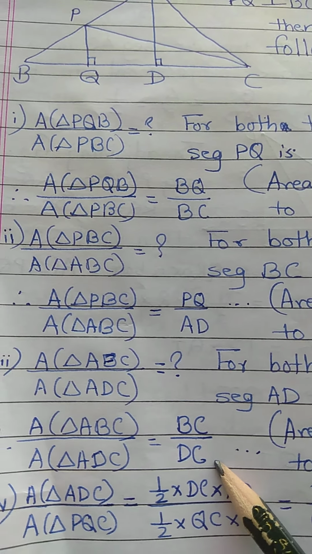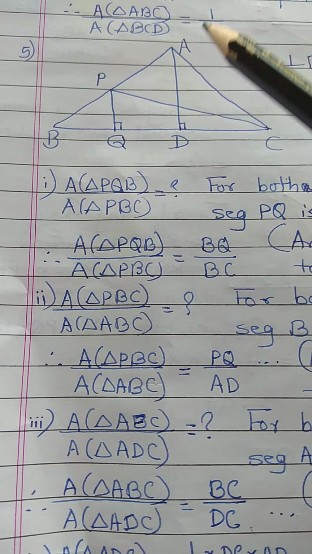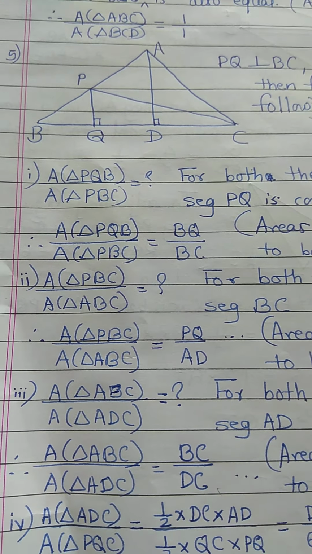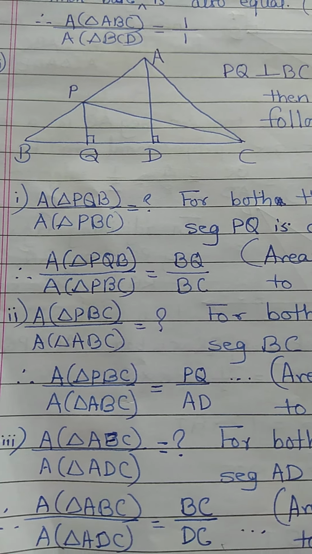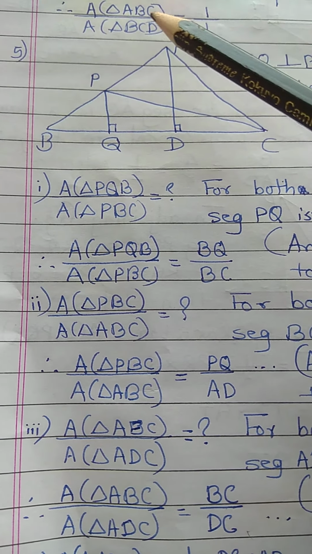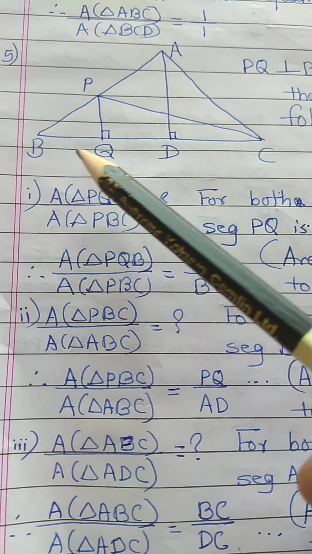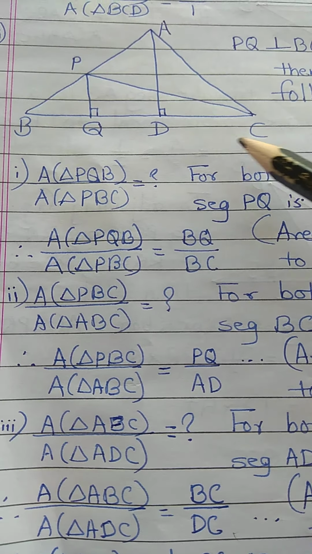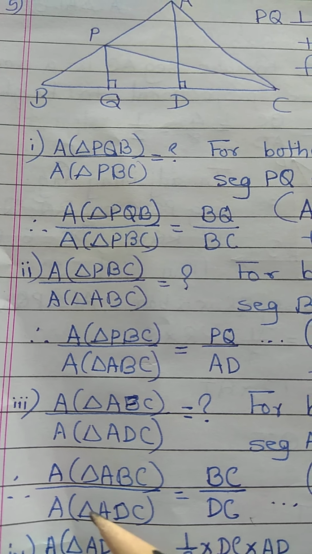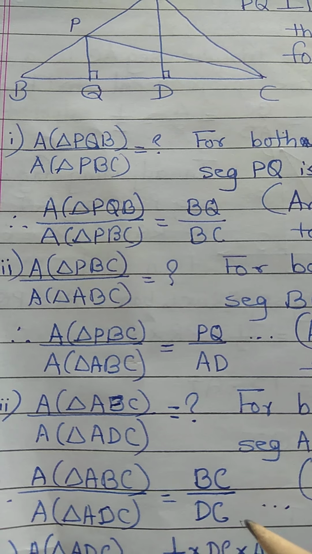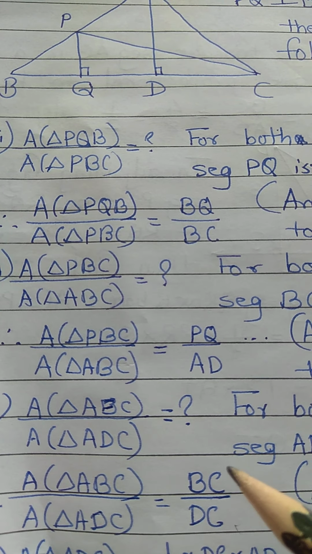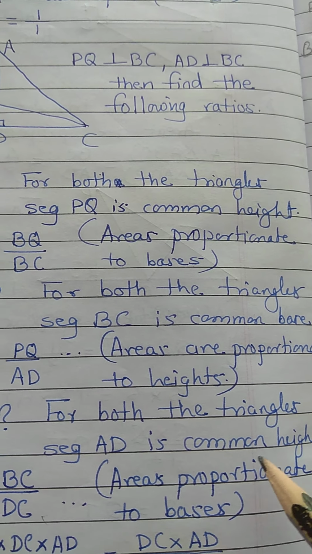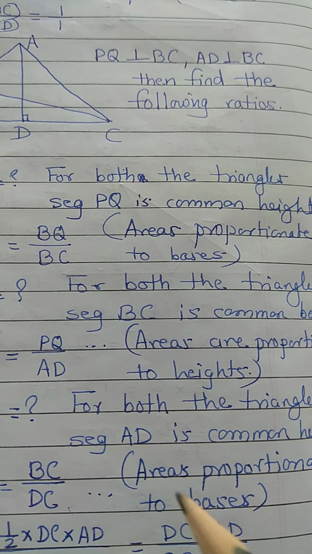See here, as height is common, area upon area should be equal to base upon base. What is the base of triangle ABC here? It is BC, and for ADC the base is DC. So therefore area upon area is equal to BC upon DC. Area upon area is always equal to base upon base if the height is common or height is equal.